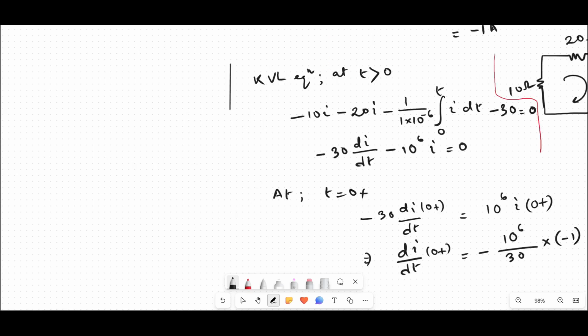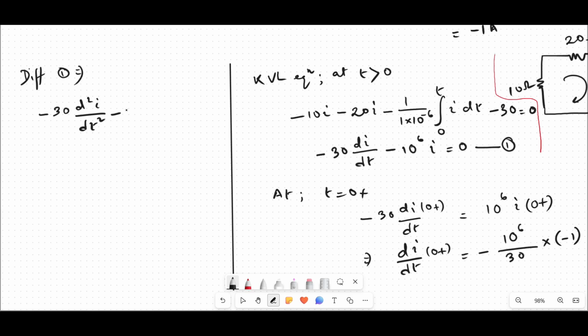Right. Next, the value of d2i/dt2. In order to get that, we have to differentiate this equation again. After differentiating, this will be minus 30 d2i/dt2, then minus 10 to the power 6 times di/dt equals 0.